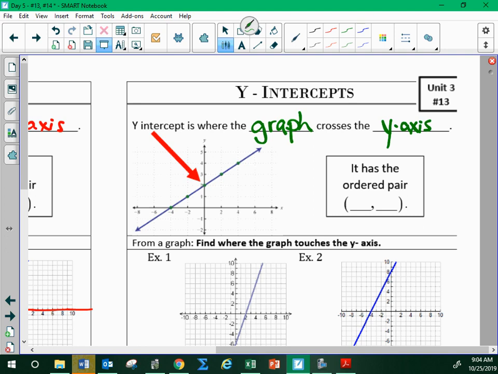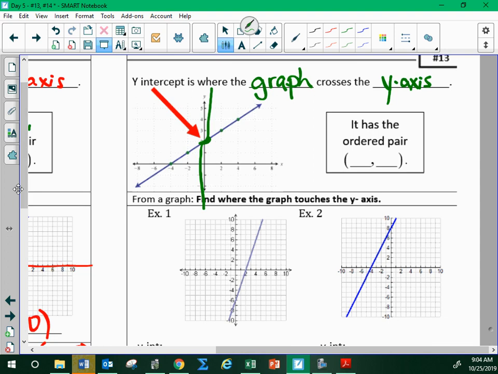So again, on my y-axis now is this guy. So I look at where my graph crosses that, and in this particular example, what is that ordered pair?